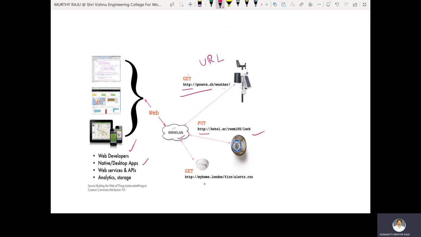Coming to GET: my home is in London, using HTTP, and some file alerts.rss is there. Retrieve the information; these are the URLs. Everything is implemented with the help of web access protocols and web access standards. That is called the web.